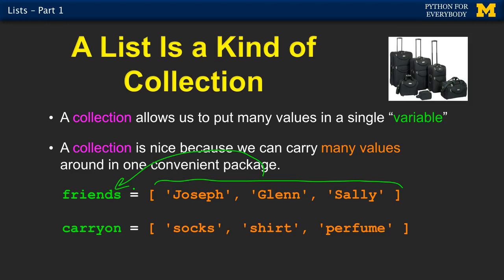And so it's still a single variable. Friends is no longer a string, it's a list of strings, which is different than a string. And the same for carry on, socks, shirt, and perfume. So you can think of it as sort of like a piece of luggage with a name, X or Y. But then you can put multiple things in it. And the interesting thing about these data structures that we'll use for different purposes is how you put them in and then how you get them back out will be the distinctions between these three different kinds of collections that we're going to talk about.